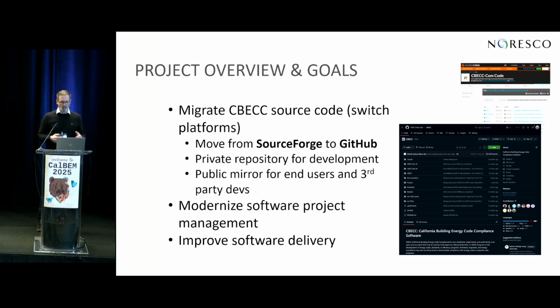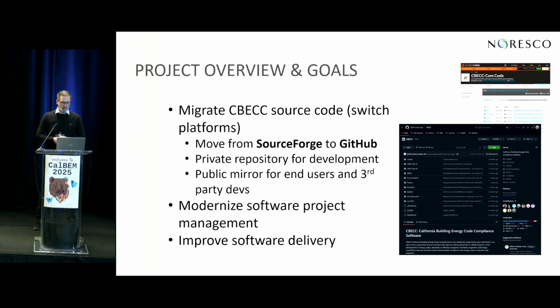So yeah, again, the idea here was to move all the source code to what is really kind of like the gold standard for managing software projects today, which is Git and GitHub. By moving all the source code to GitHub, it's just a completely different, much more modern infrastructure for managing software projects, and it gives us a lot of capabilities that we didn't really have on the old system, and that goes to developers, but also to end users.